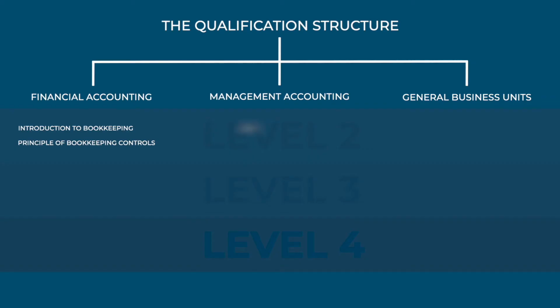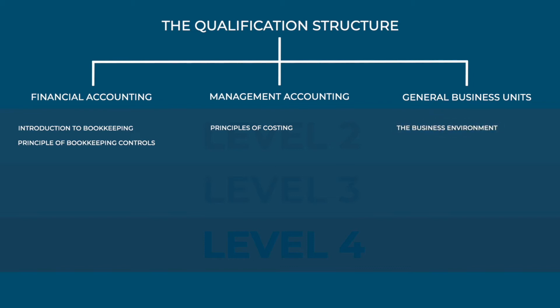Under the Management Accounting strand, we have Principles of Costing, where the bookkeeping units at this level ensured that we measure and record financial transactions accurately. This unit provides the understanding of costs and cost classification, which are the basic building blocks of management accounting, in the same way bookkeeping units do for financial accounting.